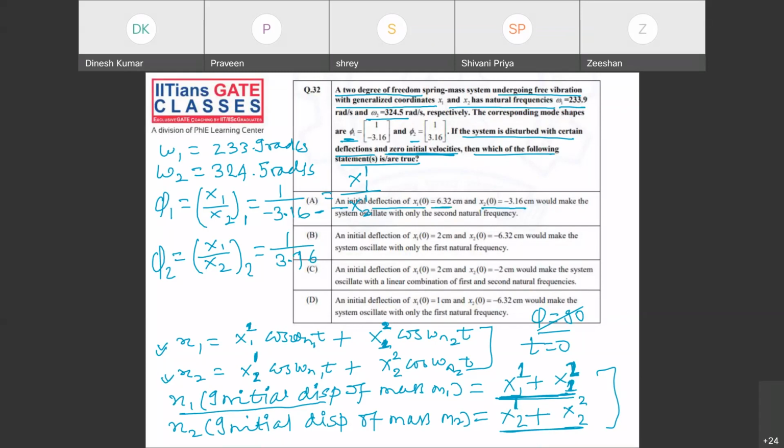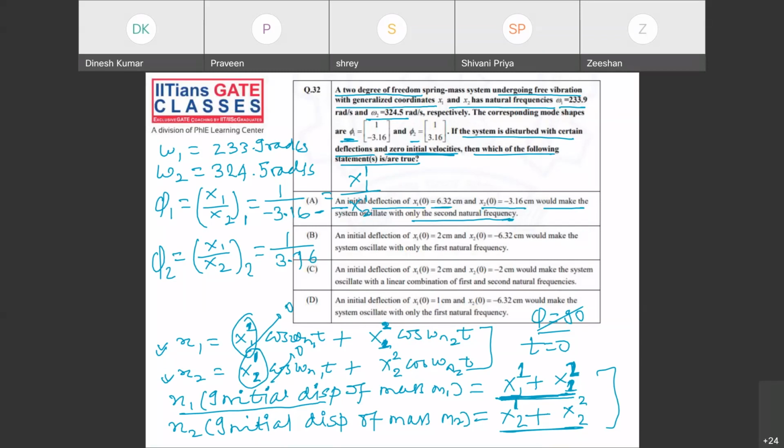And it is mentioned that the system vibrates only in the second natural frequency. That means if it vibrates only in the second natural frequency, guys, this will be 0, this will be 0. So this term is 0, this term is 0.